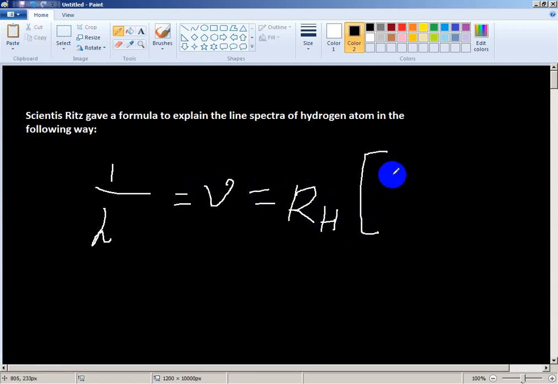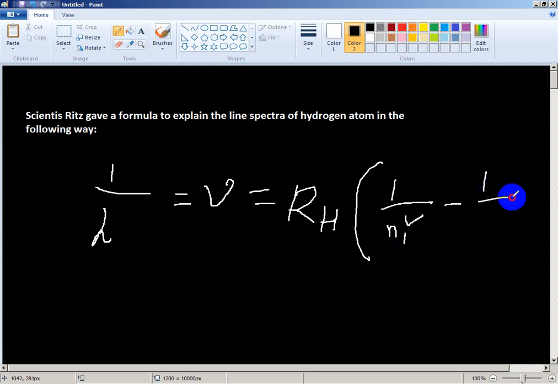This one is N1. N1 means the ground state, into which the electron comes or from where energy is removed. Hello student, N1 is which orbit?